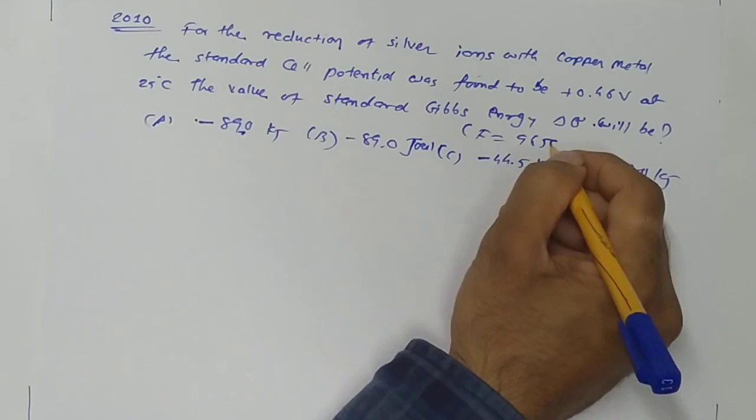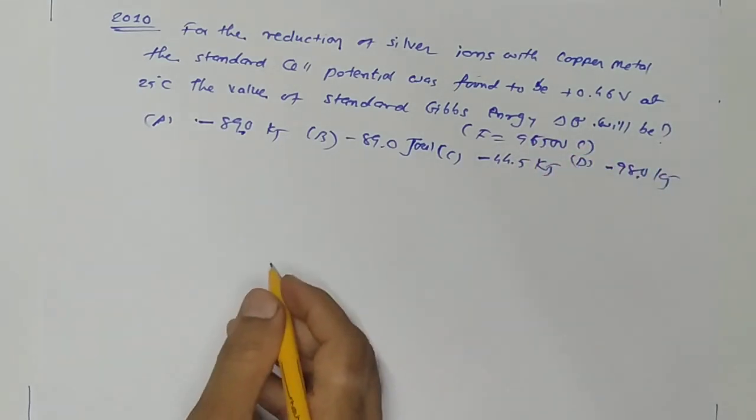F is given as the constant 96500 coulomb, the Faraday constant.